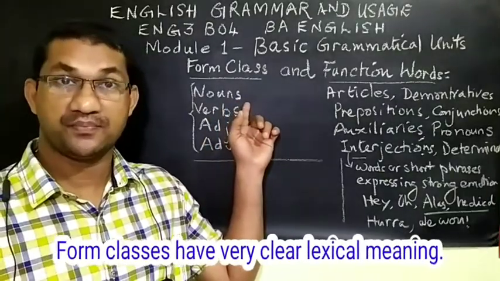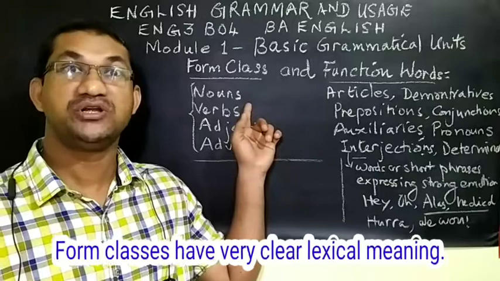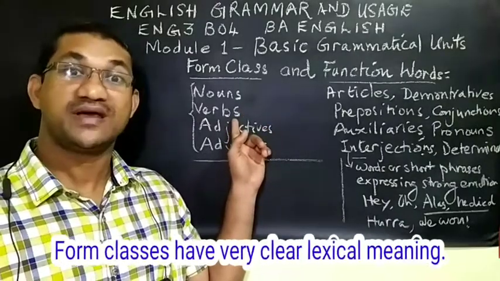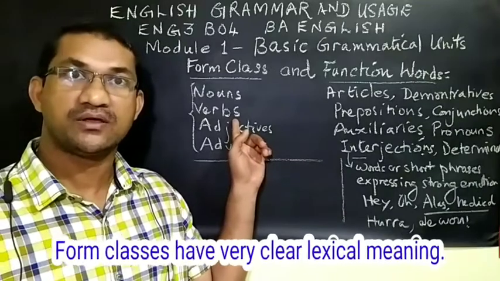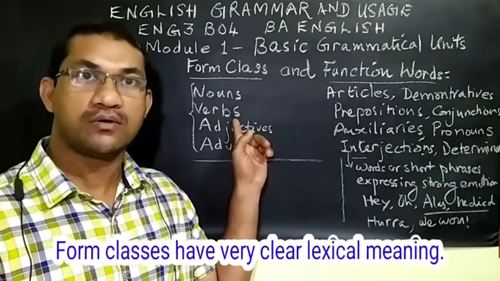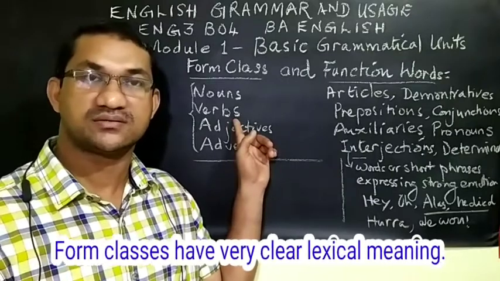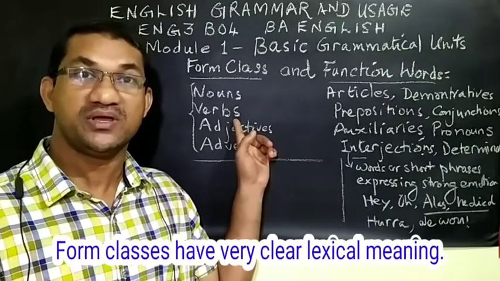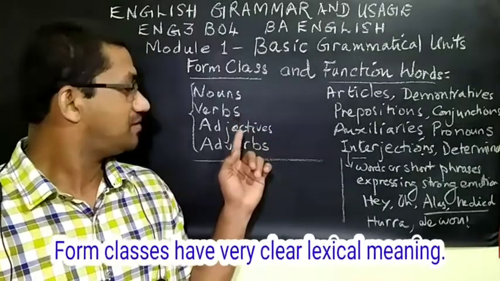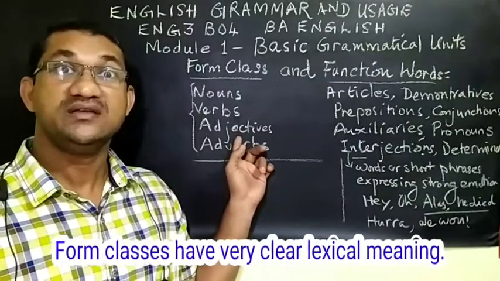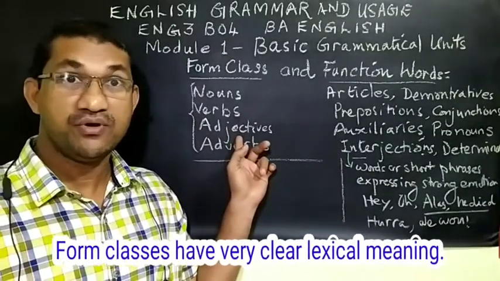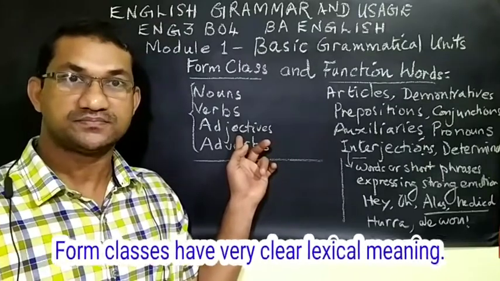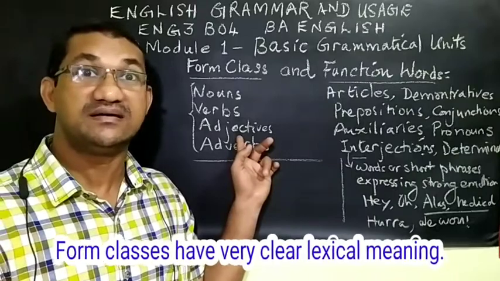Nouns: animal, hill, church, bridge, we get a meaning. Verbs again have a clear lexical meaning: kick, roll, drive, paint, welcome, invite. Then adjectives: intelligent, beautiful flower, intelligent boy, smart girl.